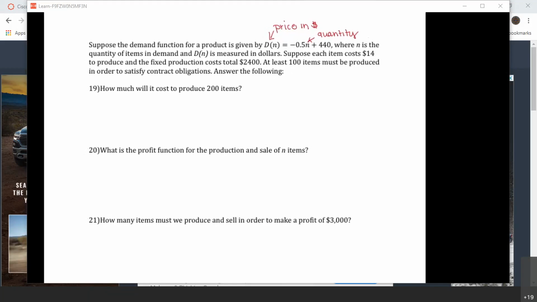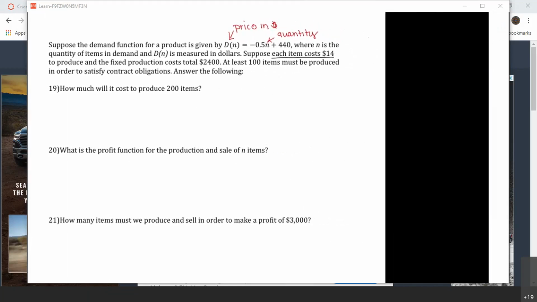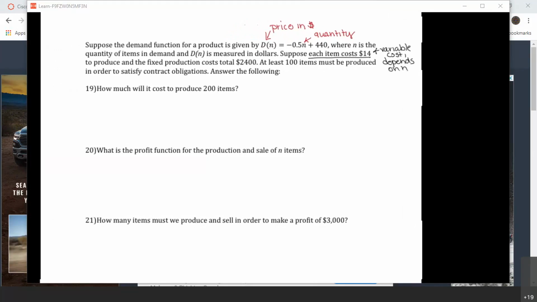Okay. Suppose each item costs $14 to produce and the fixed production costs total $2,400. Okay, so each item costs $14. This is your variable cost, and it depends on n, right? It depends on how many you make, right? And then this is a fixed cost.